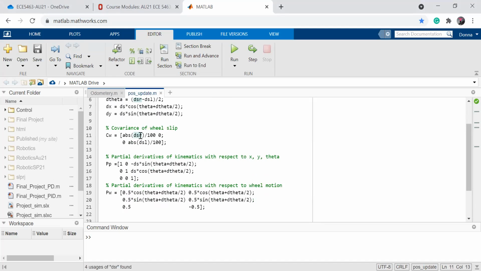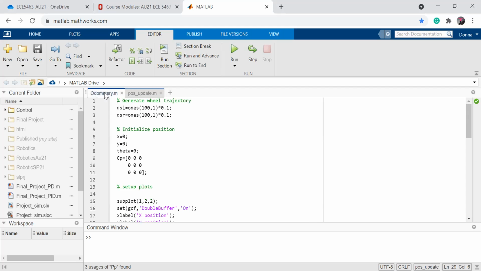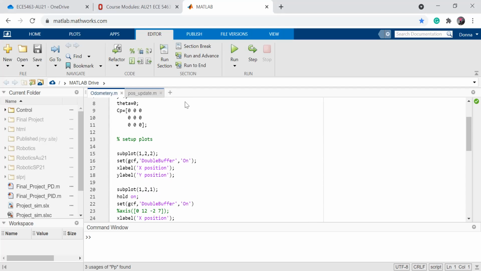That's basically those equations that you saw, and then x is x plus dx, y is y plus dy, theta is theta plus d theta, and you have to update your covariance matrix every single time there is any change. And then once you calculate the odometry, you're basically just plotting.